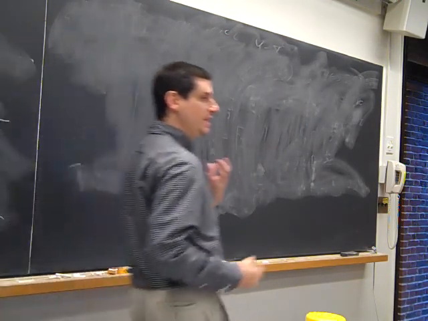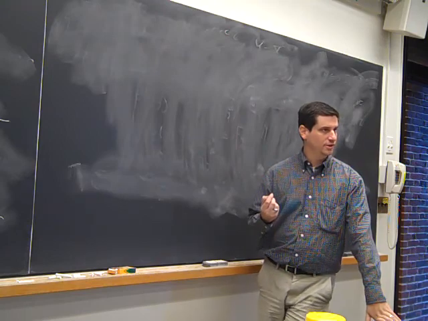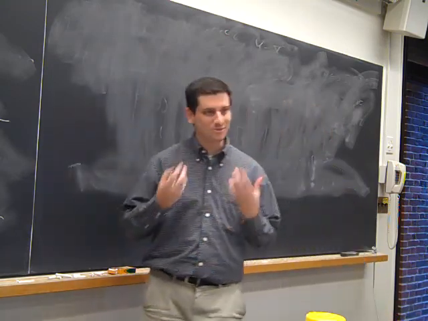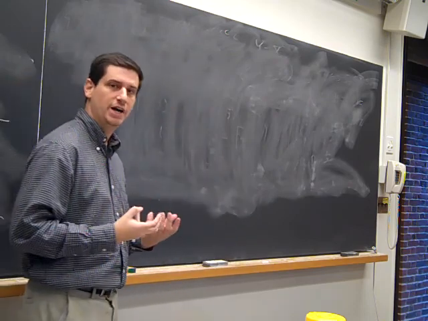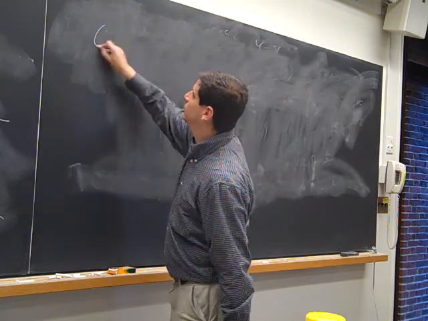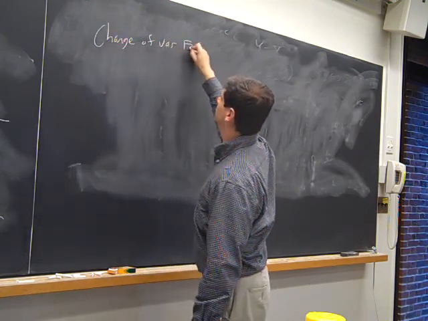You can actually get the area of an ellipse in one line if you know the area of the circle. Unfortunately, you cannot get the perimeter of the ellipse in one line if you know the perimeter of the circle. Perimeter is very hard to work with. Area is very easy. So, change of variable formula.